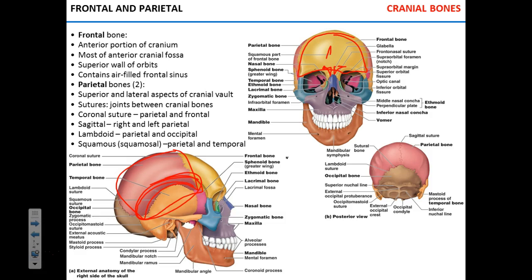look at the lambdoid suture here, separating the occipital bone and parietal bones. Can you see, I would say not on the painted skull, but on the regular plain skull, look at the lambdoid suture. Can you see little tiny bones inside of the suture?